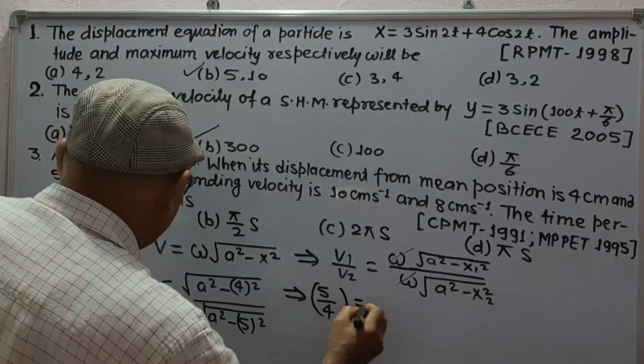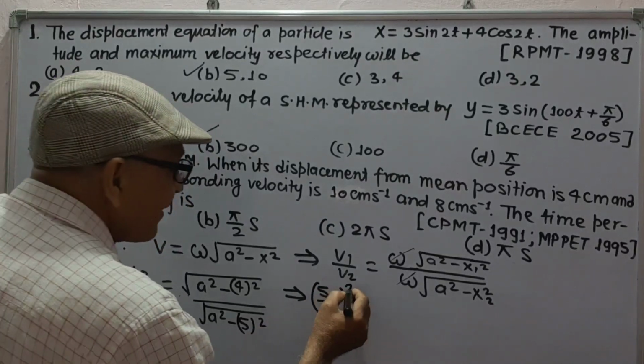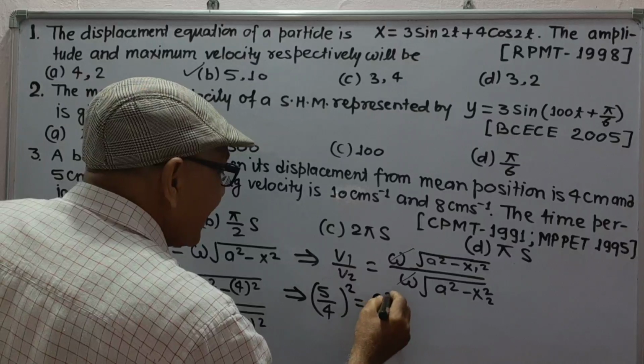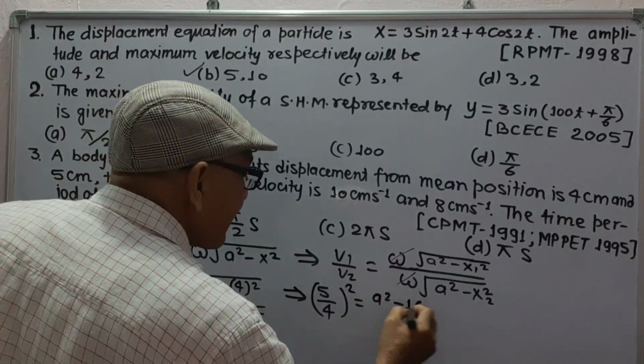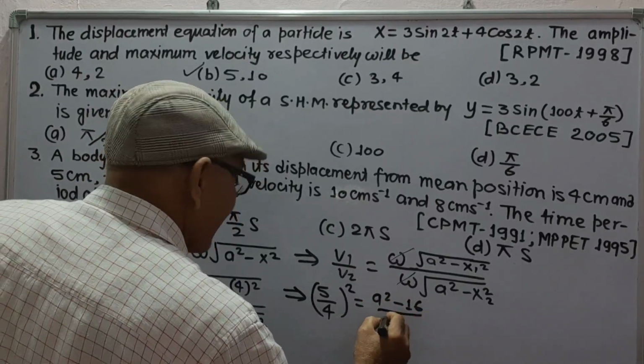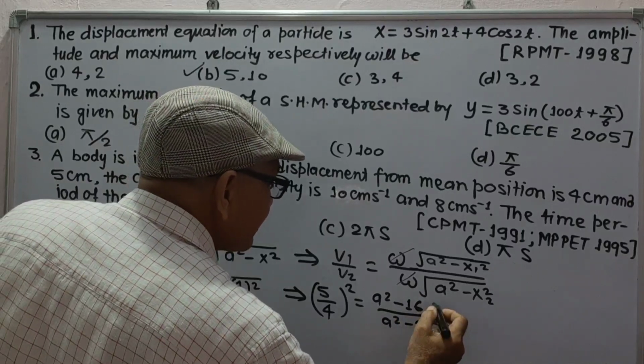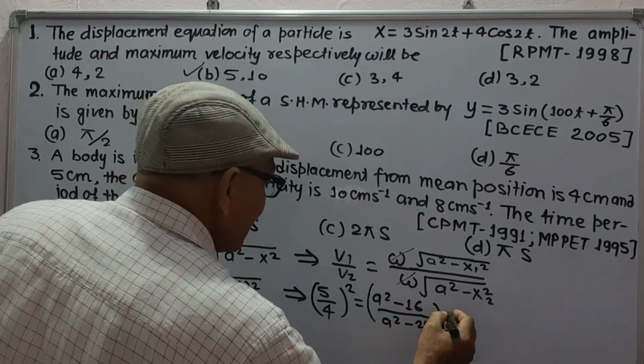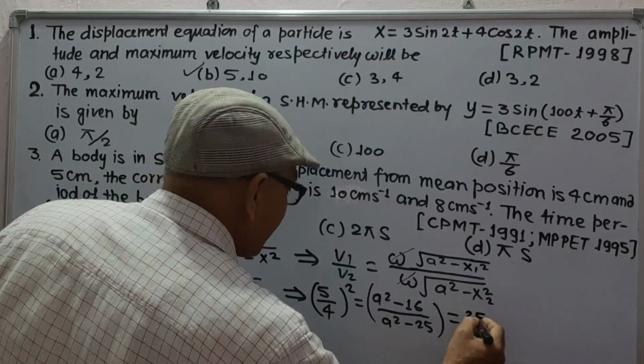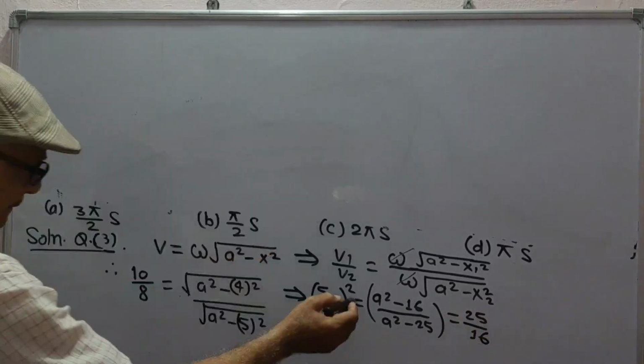Squaring both sides, 5 by 4 square is equal to A square minus 16 upon A square minus 25, which is 25 upon 16.